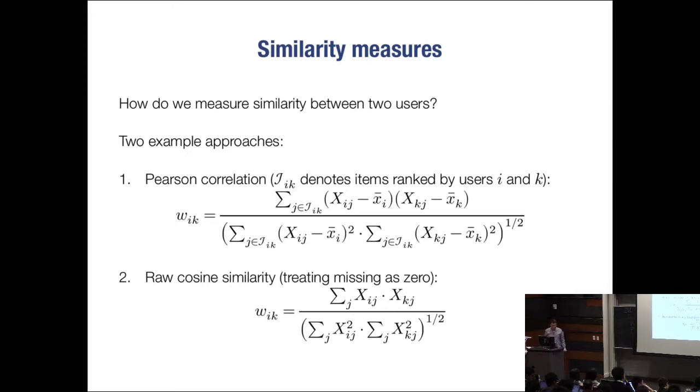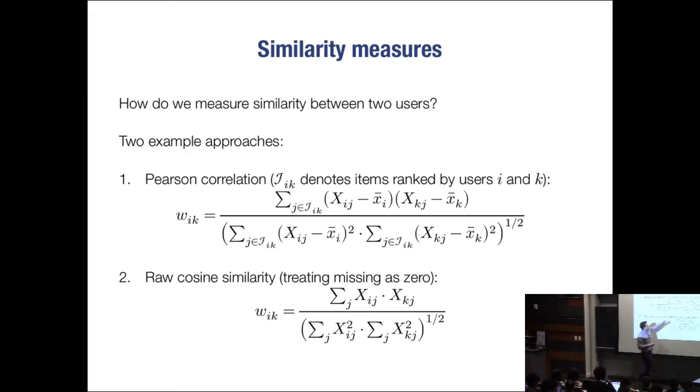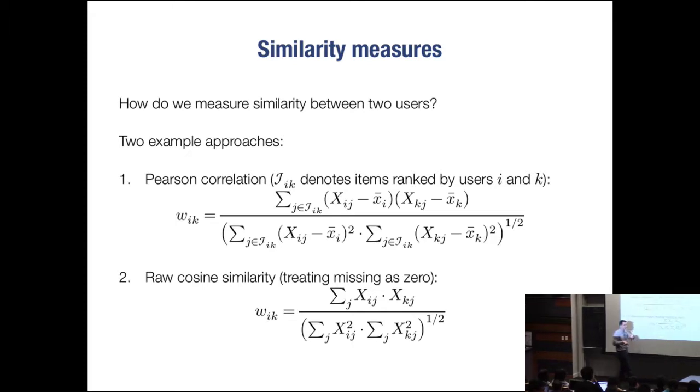There are two different users here, user I and user K. So this formula is computing the similarity between user I and user K. The way to know that is that we're always using I and K as the first index into our matrix. So I and K are both users, and J is an item.